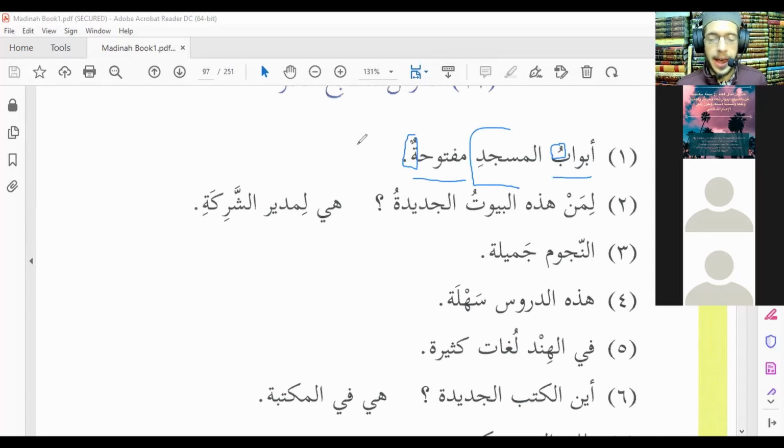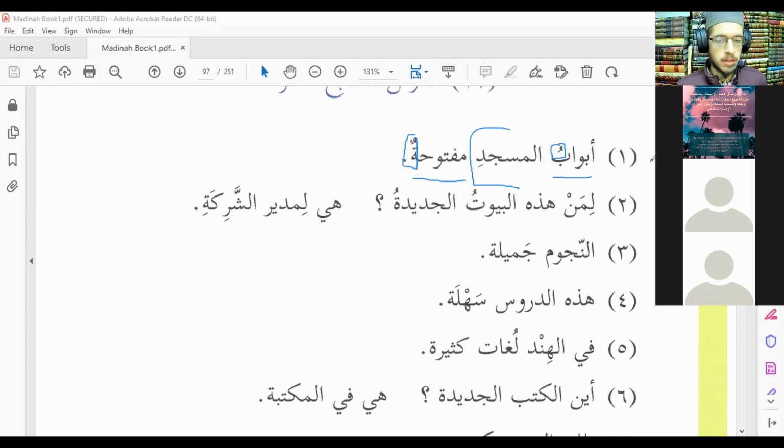Maftuhatun is an adjective that is in the singular feminine, right? If we would say as-sayyaratu maftuhatun, it would be: the car is open. Singular feminine. Here we have a plural subject. However, because this plural is a non-human being, we use the singular feminine form to talk about it.